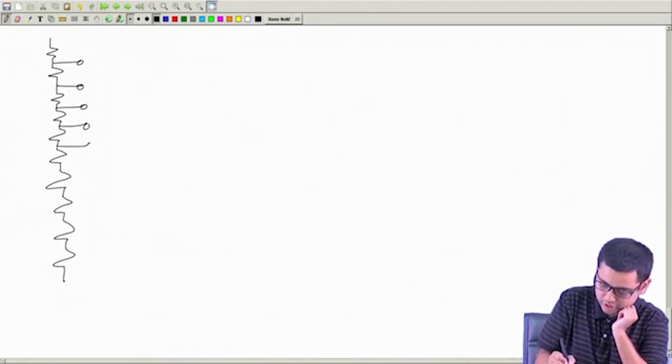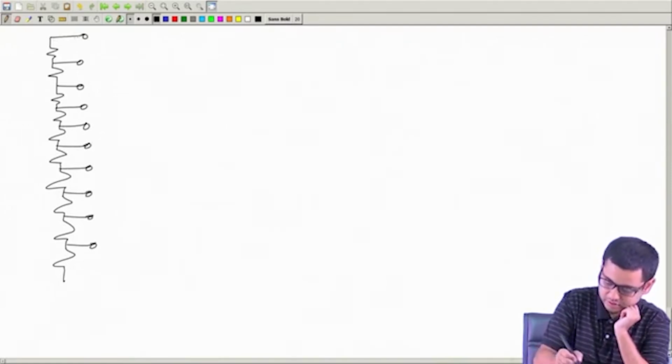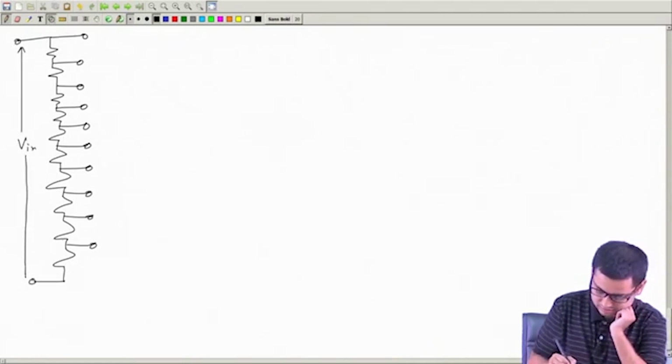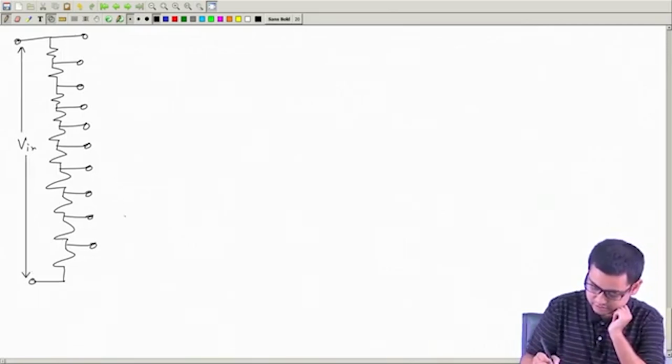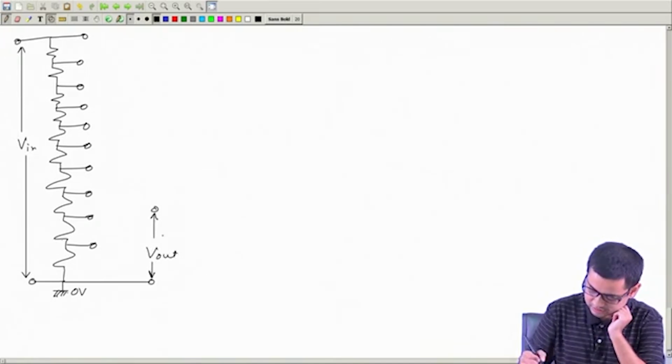This is one potential divider, this side is the input V in, and V out is between this terminal and wherever you connect it. You can take this as the reference for all measurements.